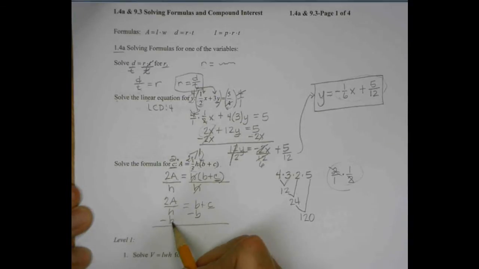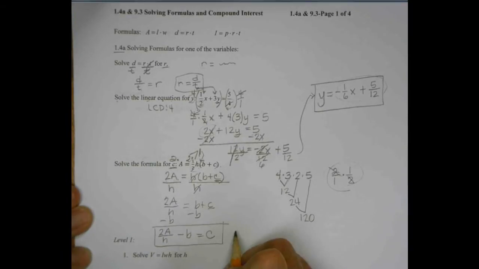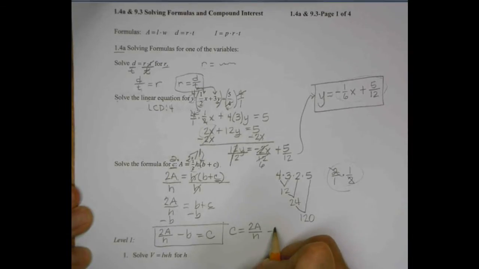And these are nowhere near like terms, so the best I can do is write them out. 2a over h minus b equals, and positive b plus negative b is 0, of course, and then I just have a positive c left. So here's my answer. I can, of course, rewrite it with the c equals on the left if I choose, but they're completely equivalent. Either one of these two would be perfect.